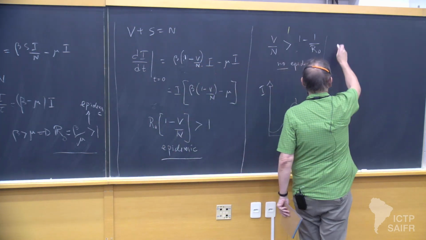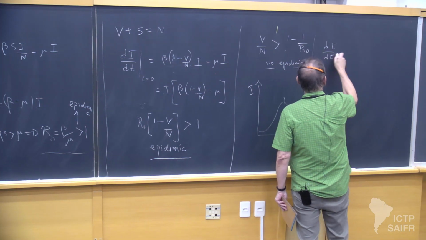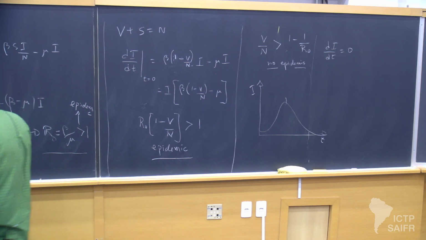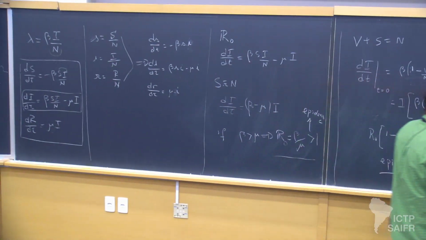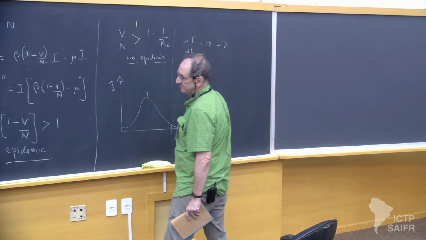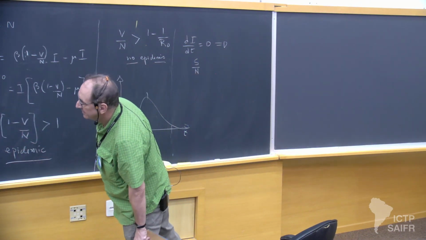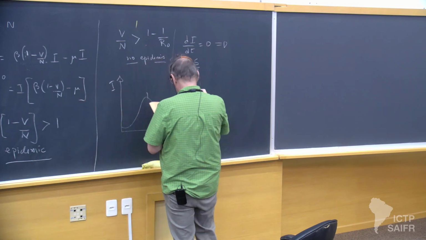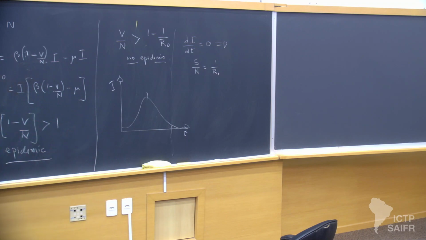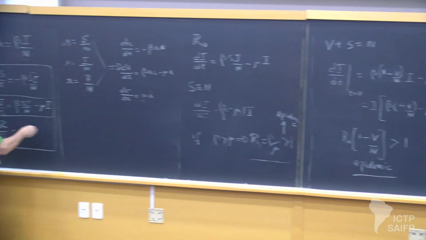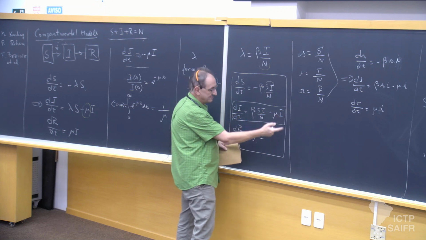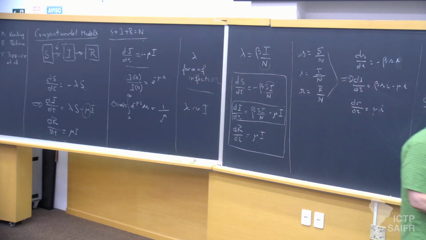This peak happens when dI/dt is equal to 0, okay? Which means that S over N has to be 1 over R0, okay? From this equation here, I cancel the I, put this equal to 0, then you have mu over beta, S over N is equal to mu over beta, which is 1 over R naught.